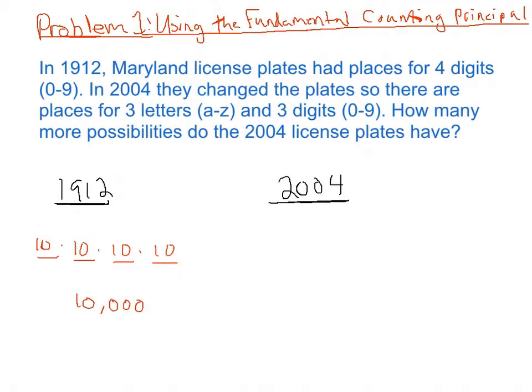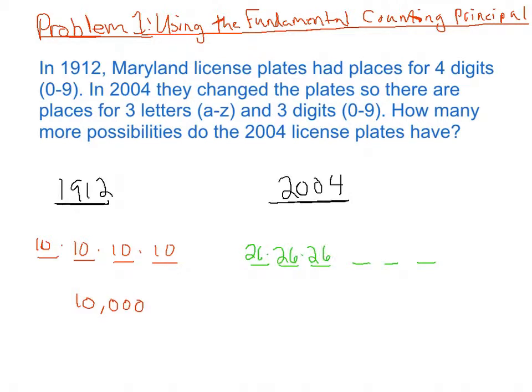For 2004, it says that there are places for 3 letters, so 1, 2, 3, and 3 digits, 1, 2, 3. Now, in the English alphabet, we know there are 26 letters, so 26, 26, and 26.